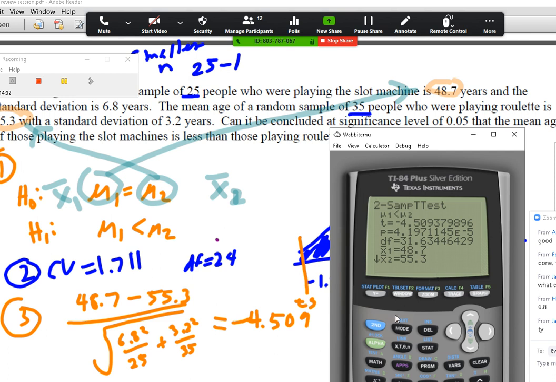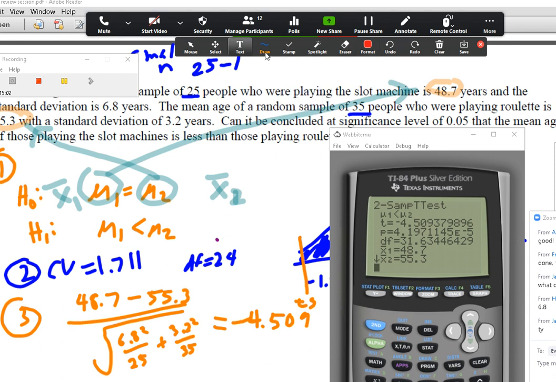So the p-value is 0.0004197. That's what that means.